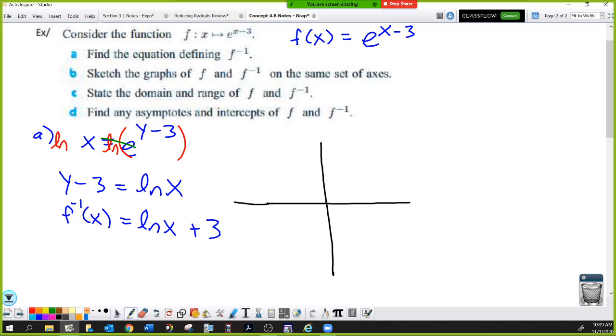The horizontal asymptote of any exponential that has not been shifted up or down is automatically the x-axis. So our original curve looks something like this. There's f of x.